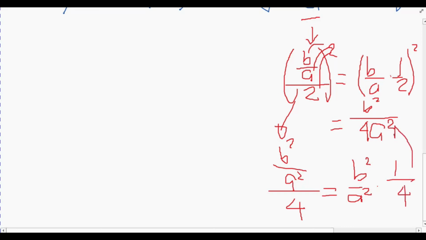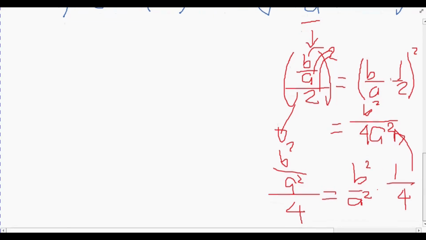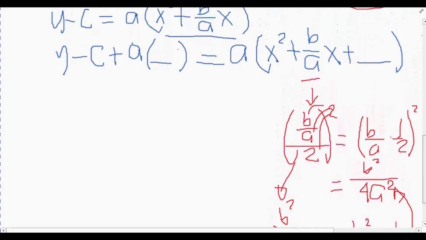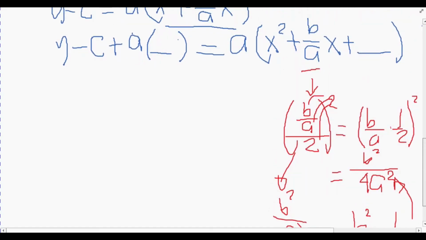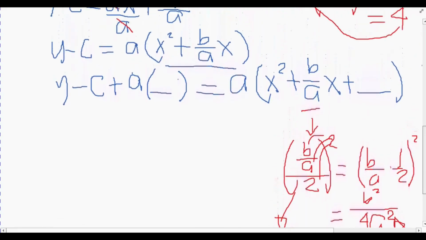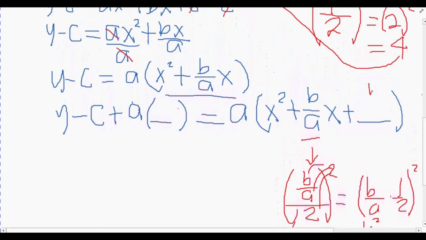So same answer. Okay, so our third term is now b squared over 4a squared. So this is now a perfect square binomial, and this can be expressed now as square of binomial.